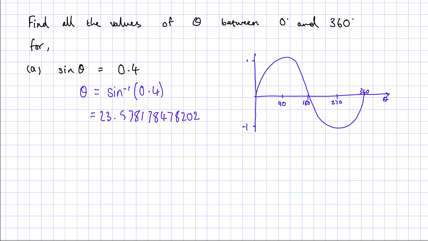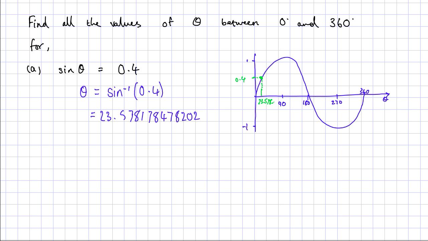So I'll show where the 23 is. If 0.4 was about here, then I know that this is the value that my calculator gave, 23.578 and so on.